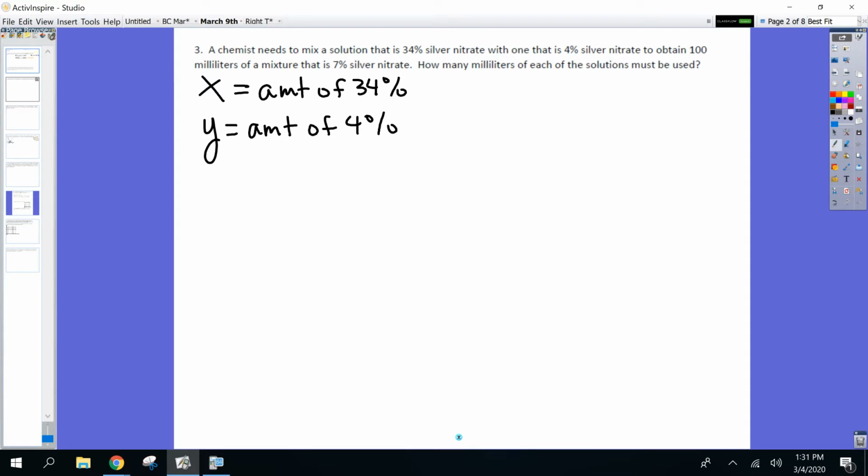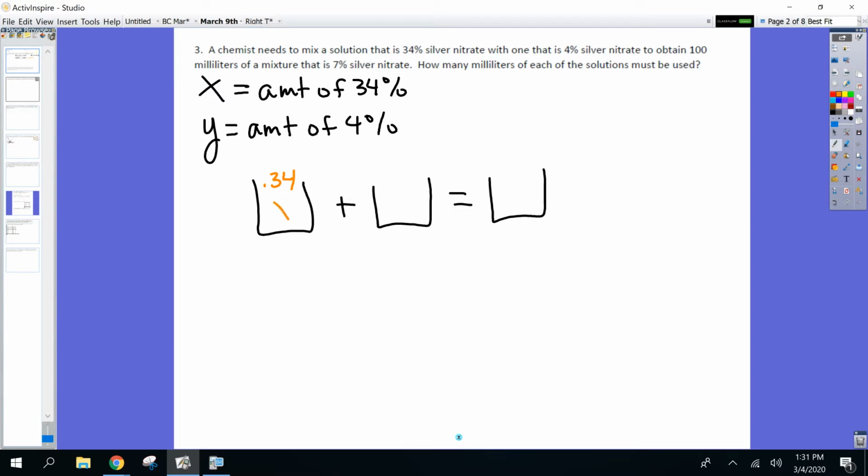All right, here's where I like to bust out my beakers when I'm doing a mixture problem. In the first beaker will be my 34% solution, but how do I write 34% before I plug it in? 0.34. How much do I have of it? Look at your let statement.